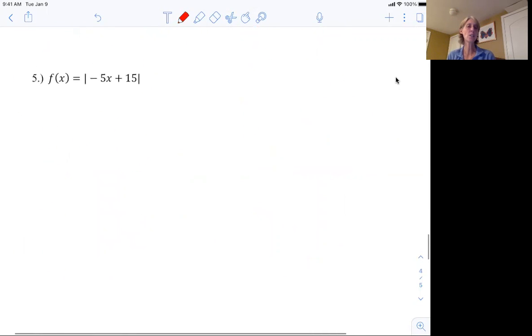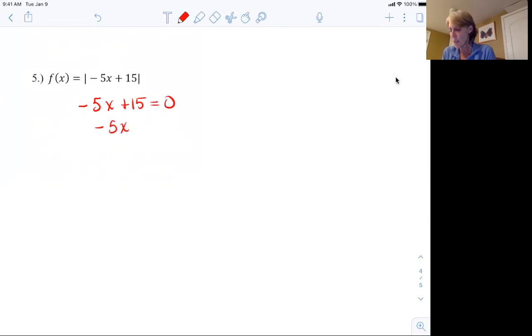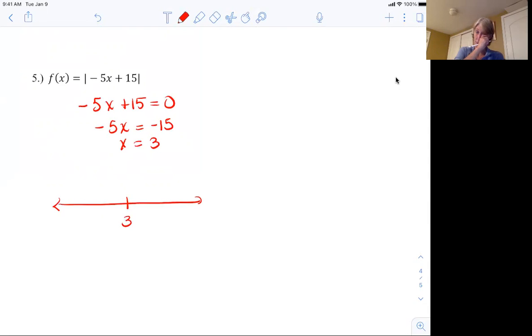And our last function here, negative 5x plus 15. I just wanted to go through this real quickly. Again, start by setting what's inside the absolute value sign equal to 0 to find where it changes rules. And for this particular case, it's going to be at 3. Plug in a number less than 3. How about 0? If I plug 0 into my absolute value, I would have a positive number inside the absolute value sign.